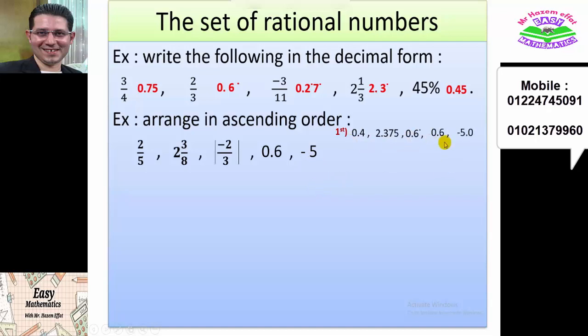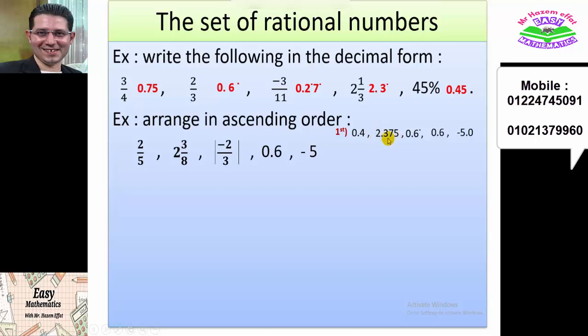Now we can arrange them. He asked me to arrange in ascending order. Which is the smallest one here? 0.4, 2.375, 0.6, 0.6 with a dot, -5. I think -5, and then 0.4 or 0.6 dot or 0.6. Yes, 0.4 and 0.6, and 0.6 dot, and the last one will be 2.375.